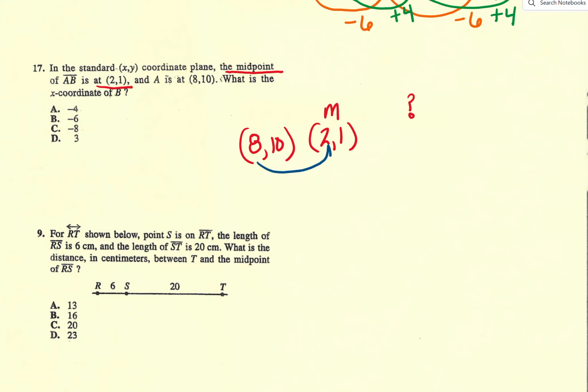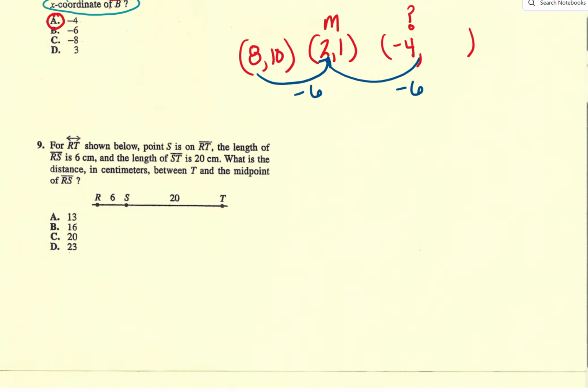So from 8 to 2, I subtracted 6. So subtract 6 over there. And 2 take away 6 is negative 4. And so notice it said, what is the x coordinate? So all they asked for was the x, so I didn't have to go any further with that. So the x coordinate is negative 4.